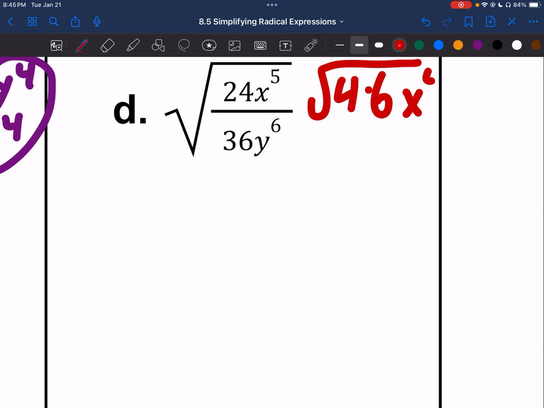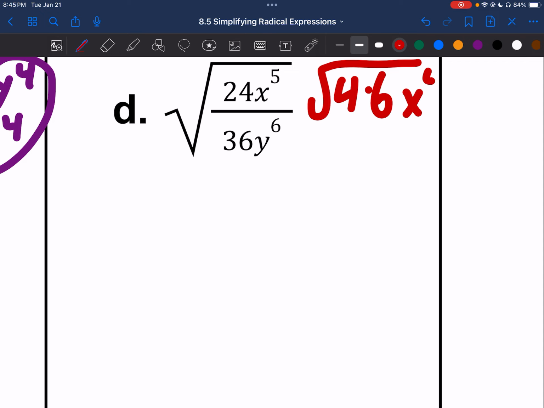So when I look for my factors to bring out, square root of 4 is going to give me 2. Square root of x to the 4th gives me x squared, and I'm left with a 6 and an x.